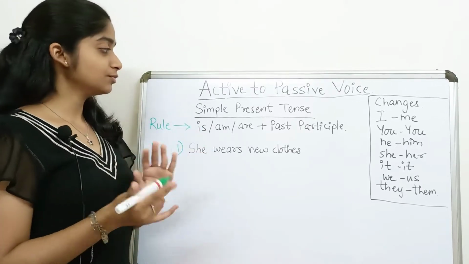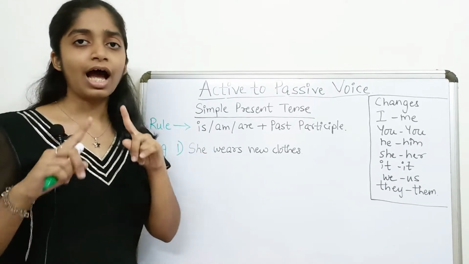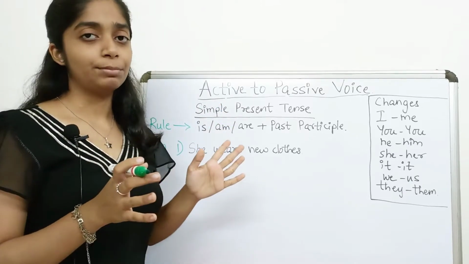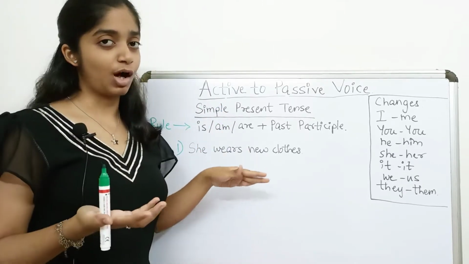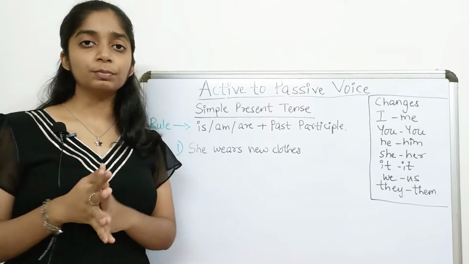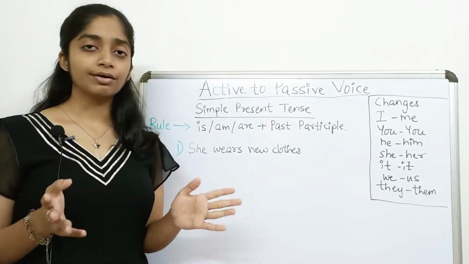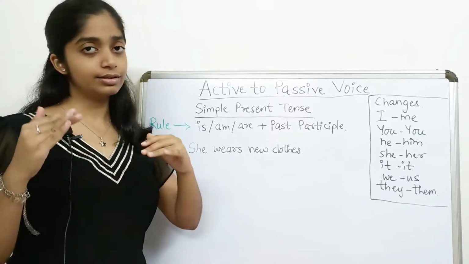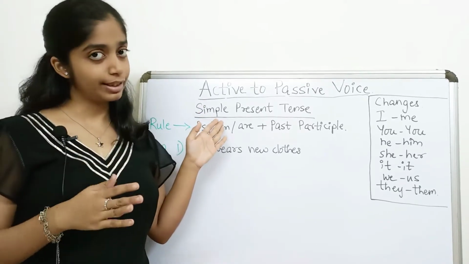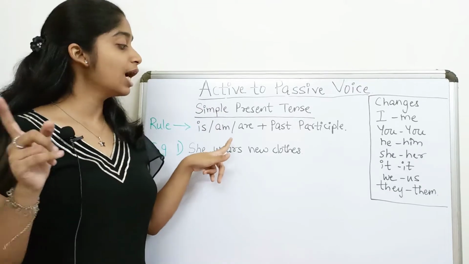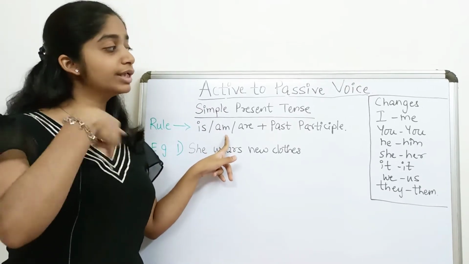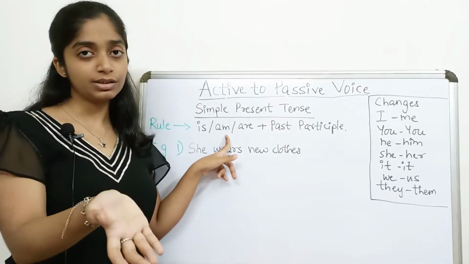Okay, so let us first have a basic example. Let us leave this as of now. A basic example would be I write a letter. Here, I write a letter is in the simple present tense. It is a simple sentence and we have to convert it into passive voice.